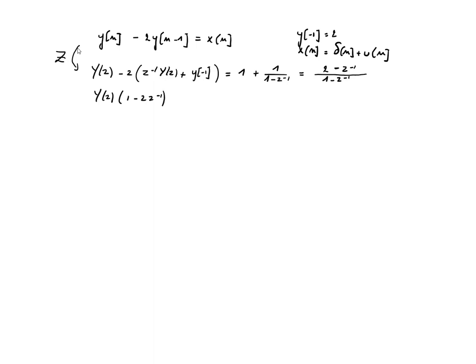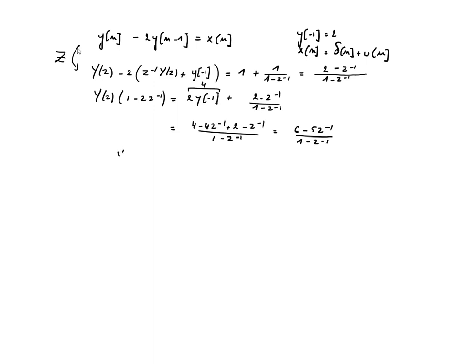The initial condition will go on the other side, so we'll have 2y[-1], which is 4, plus (2 minus z^-1) over (1 minus z^-1), and we can put this under the same denominator and we'll end up with 4 minus 4z^-1 plus 2 minus z^-1, and this will yield (6 minus 5z^-1) over (1 minus z^-1).